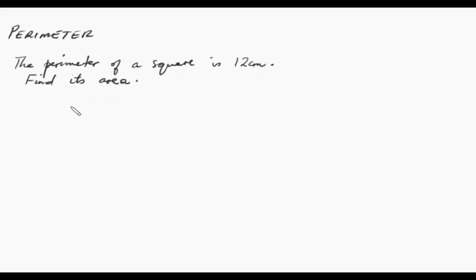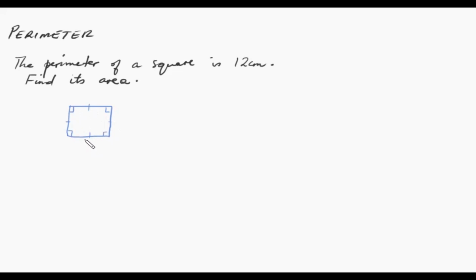A square is a four-sided polygon, and we know that the four sides of a square are equal, and there is 90 degrees here.